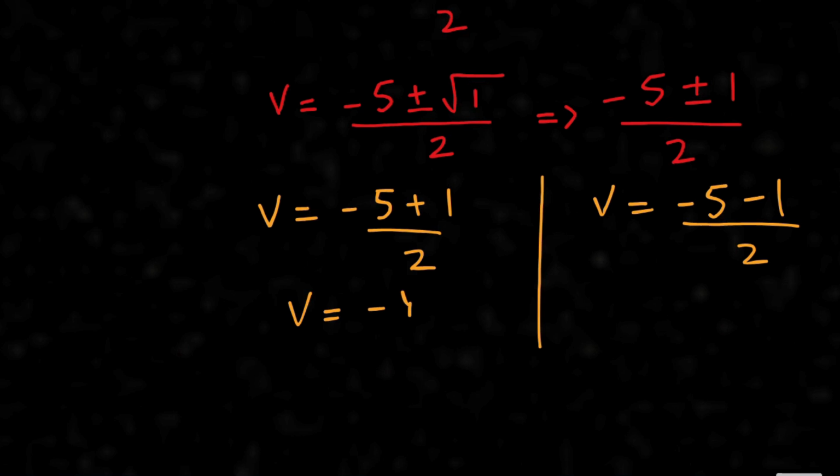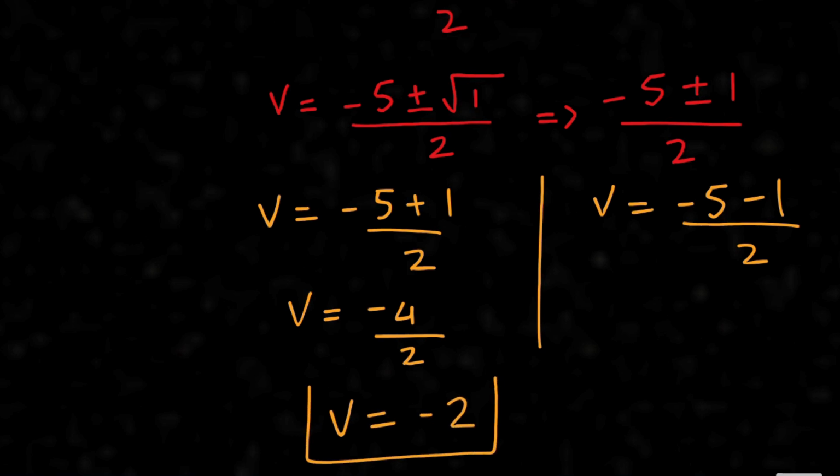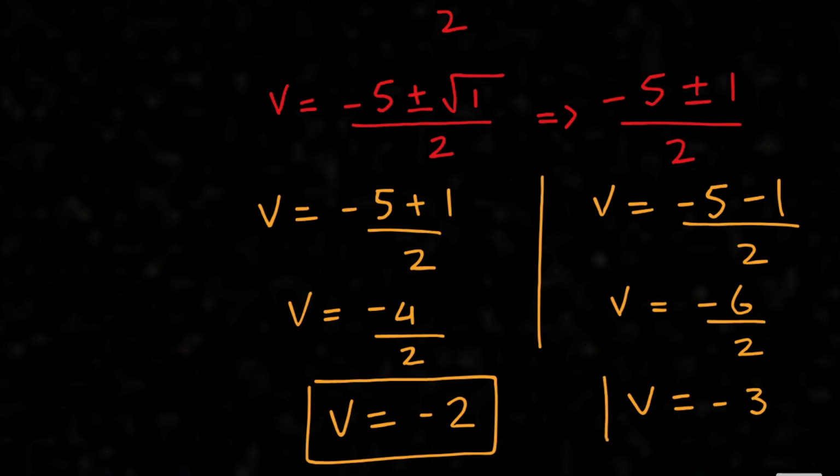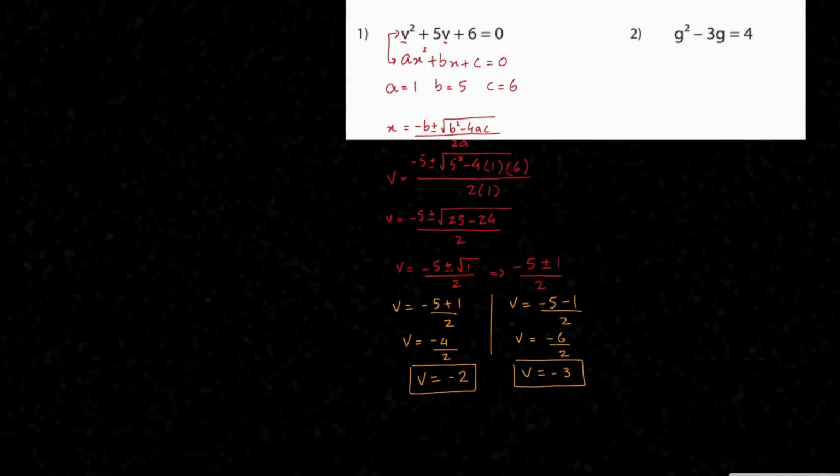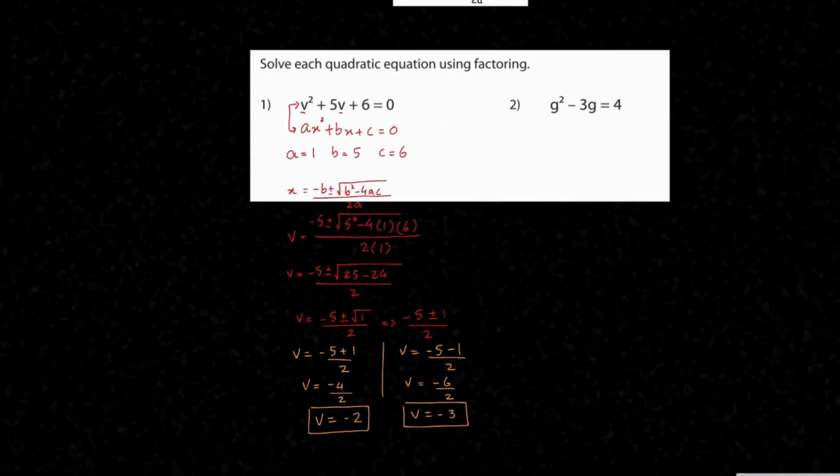That's minus 4 divided by 2, and v equals to minus 2. That is one answer for v. Now let's look at the second one. v equals to minus 6 divided by 2, which gives me v equals to minus 3. So these two are the solutions of the equation that was given to us.